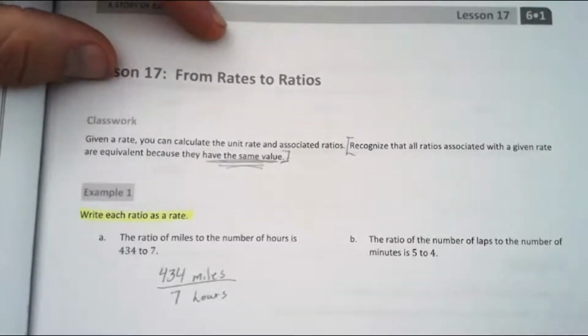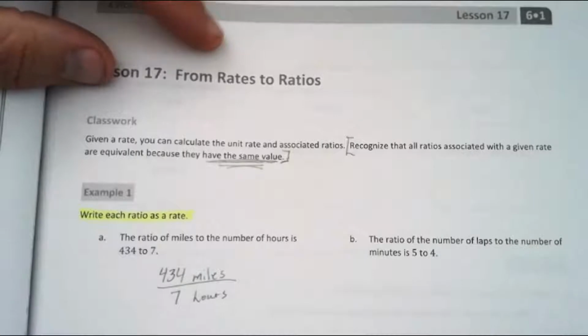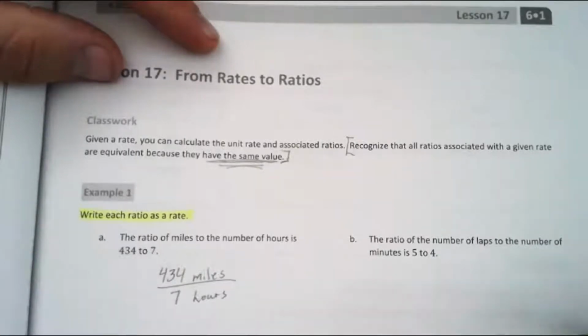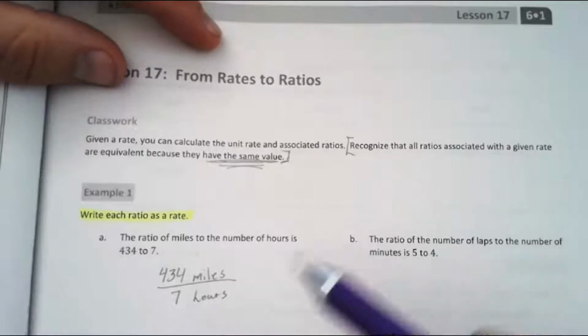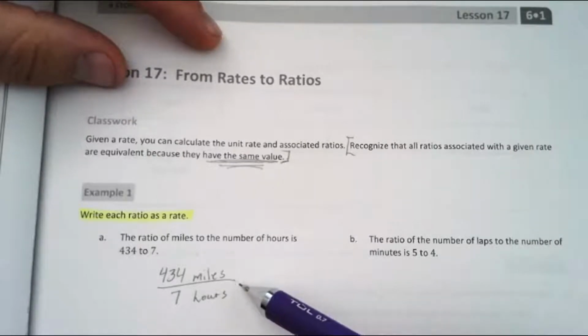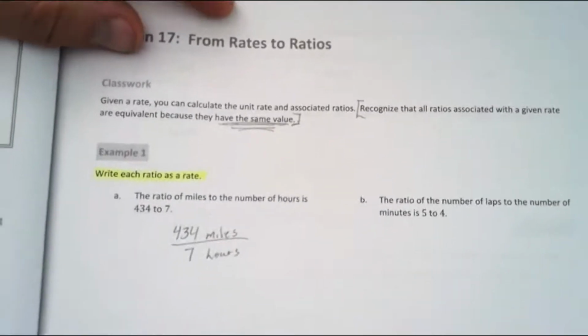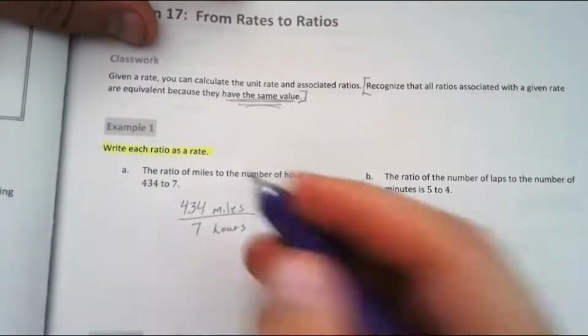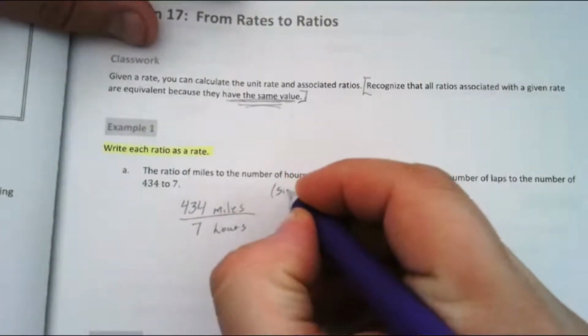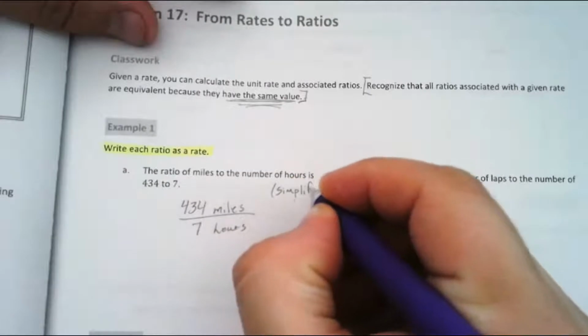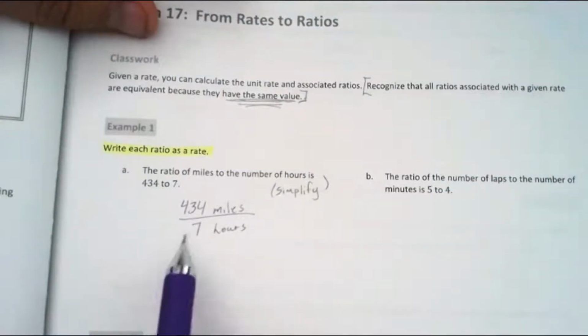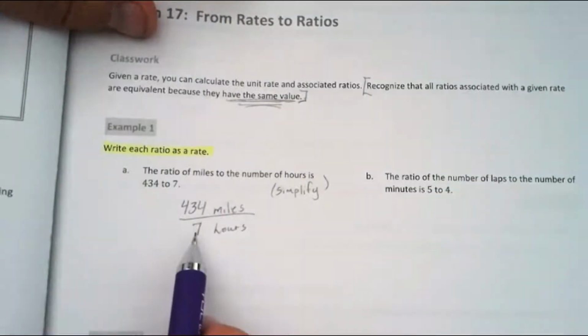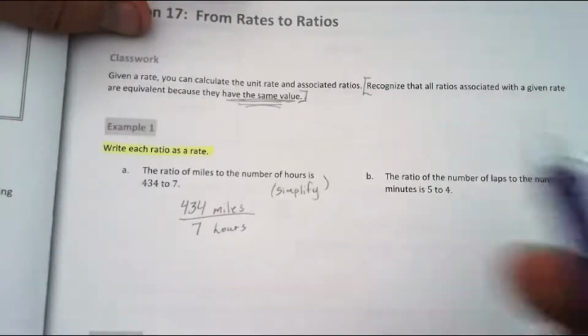So just be hesitant about this. You remember we talked about this in class. This right here to me is considered a rate, but what the book is asking us to do is simplify this. So they want us to take 434 and simplify it.